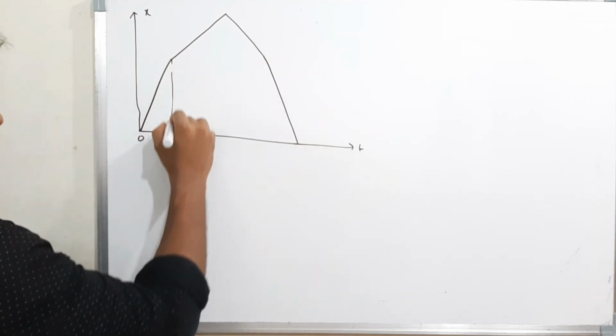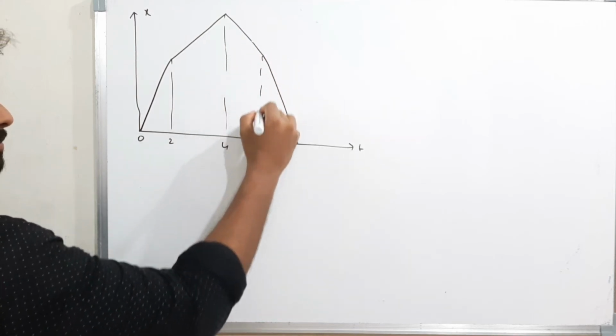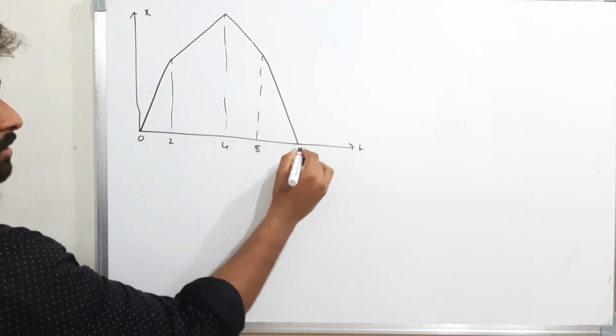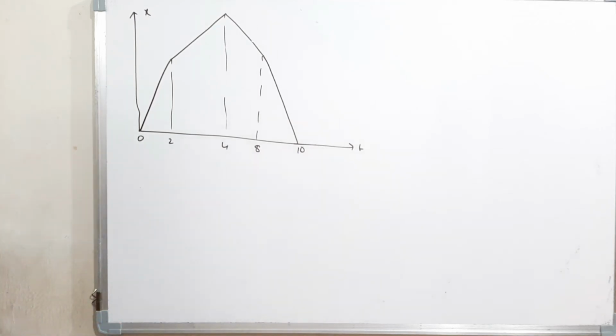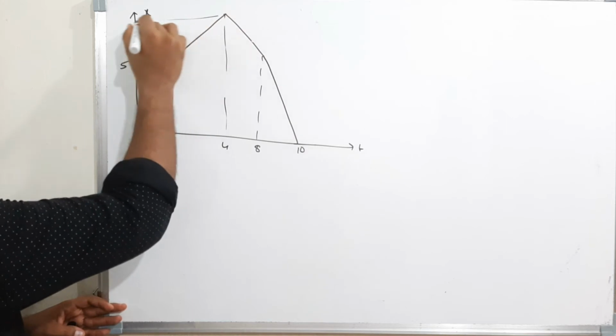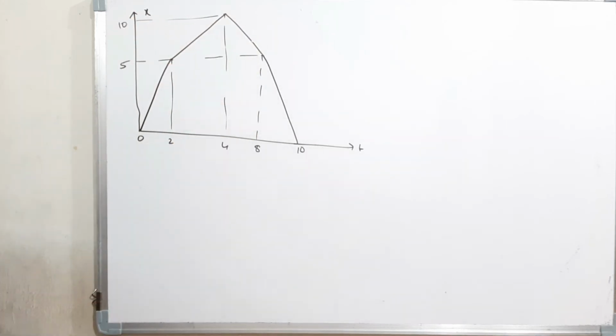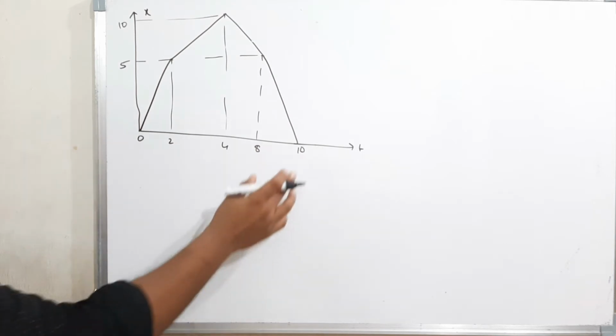Zero, 2 seconds, 4 seconds, 8 seconds, 10 seconds. Now the graph is like this, and the displacement is 5, here it is 10, and here also it is 5. Okay, now see this question.